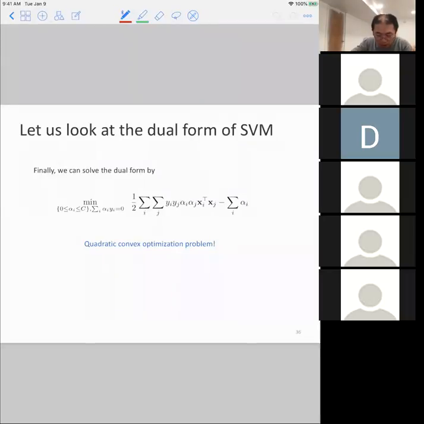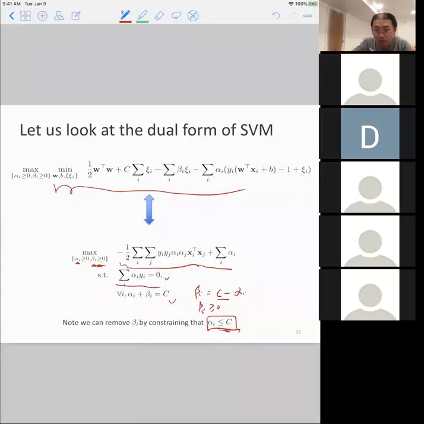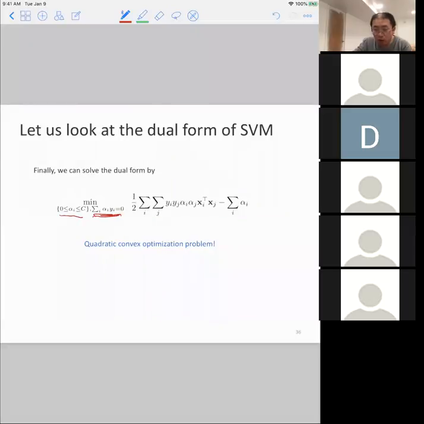We convert it into a minimization problem with the constraints that each alpha_i is between 0 and C, and the summation of alpha_i y_i is 0. This comes from the earlier derivation. For the second constraint, because we have got rid of beta_i, we can just throw it out. So now we have our final dual form of the soft SVM.